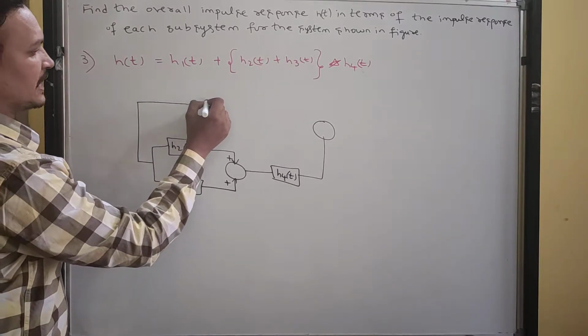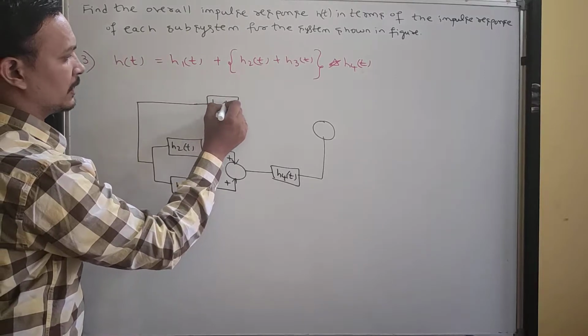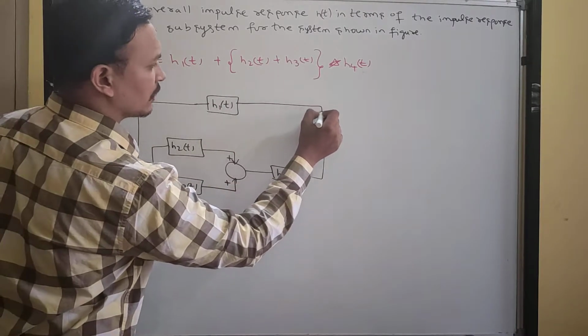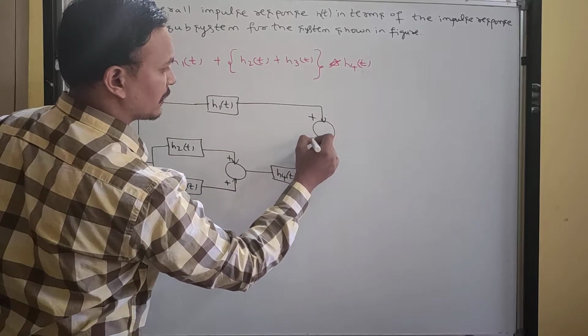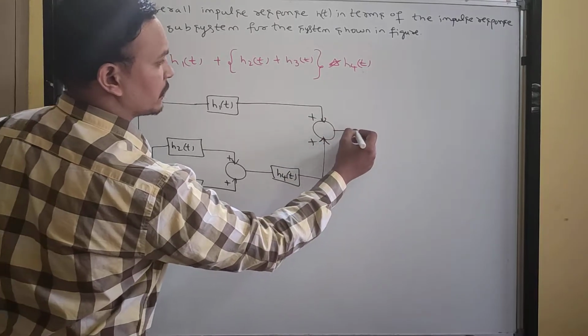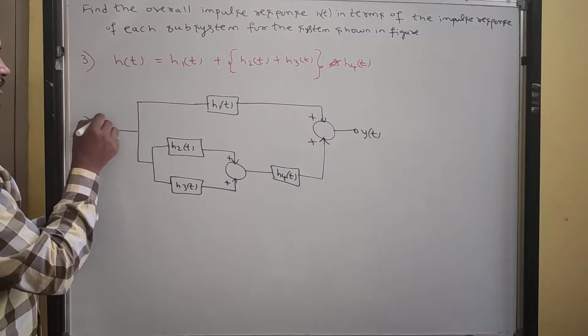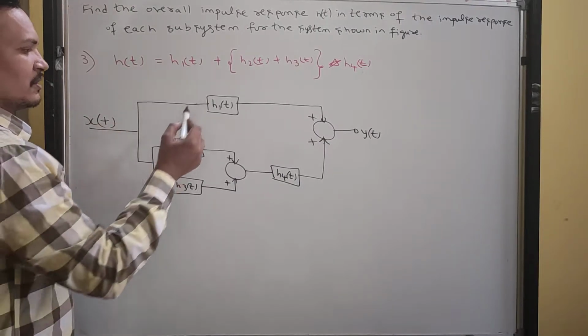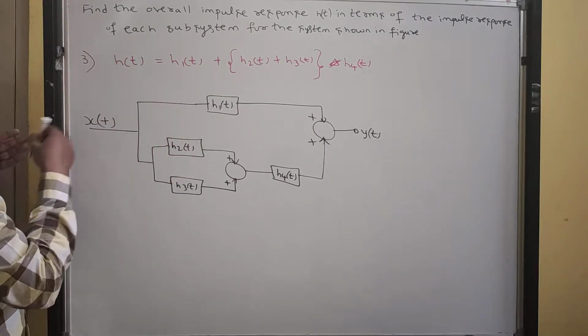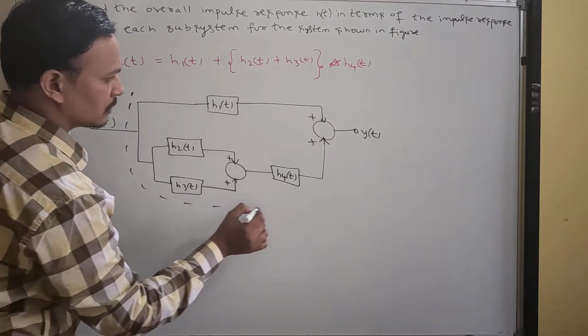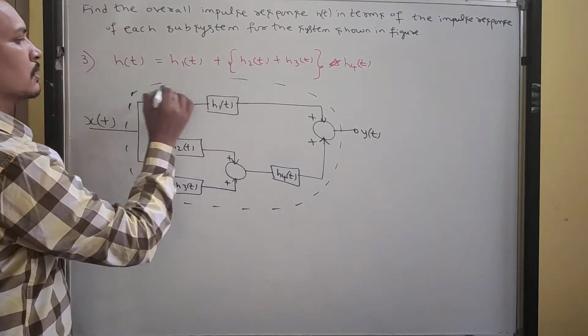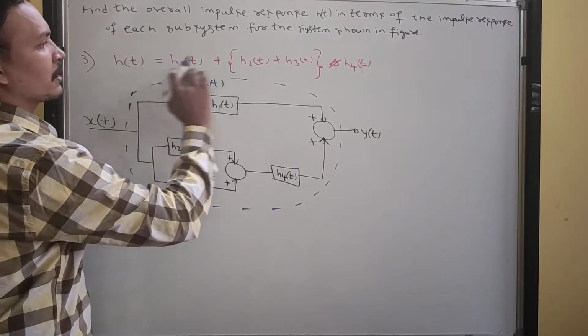What is the other one? h1(t). h1(t) joins here, so plus and plus. What is the output? y(t). What is the input? x(t). So what is this entire thing? Overall h(t).